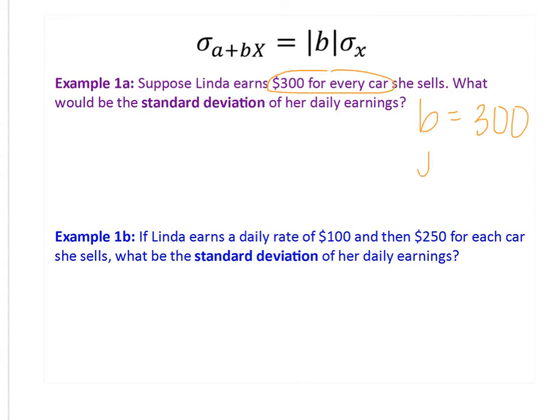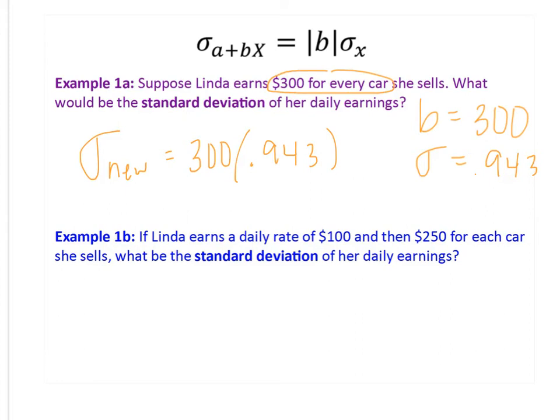And the standard deviation from the last example, if you look back at the beginning of this video, is 0.943. So my new standard deviation would be 300, I can write just 300 since it's positive, times my standard deviation of 0.943.